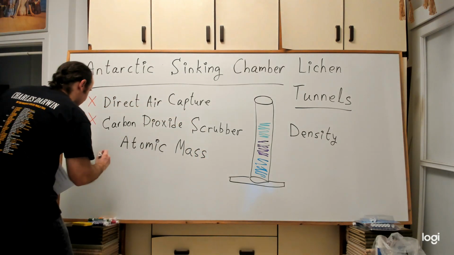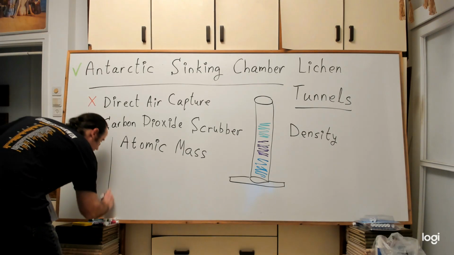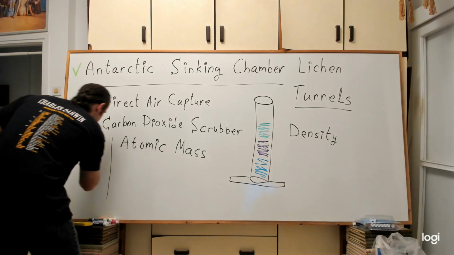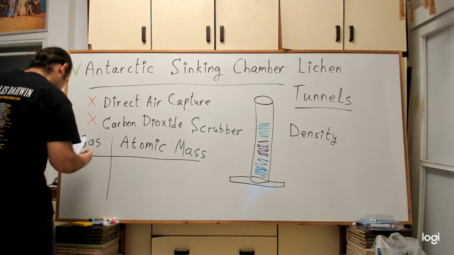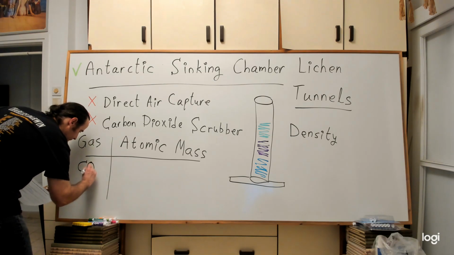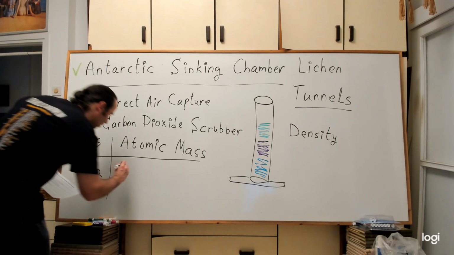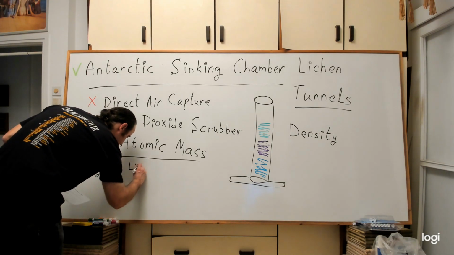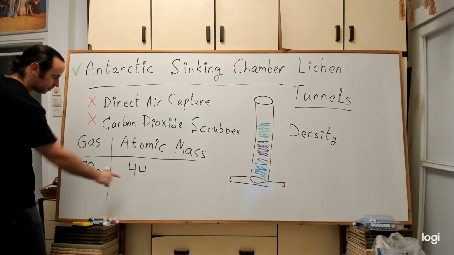So, okay, gas and atomic mass. So you have CO2 and it's 44. The atomic mass is 44 of CO2.